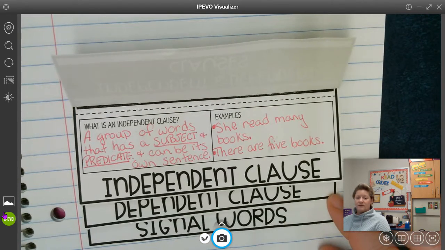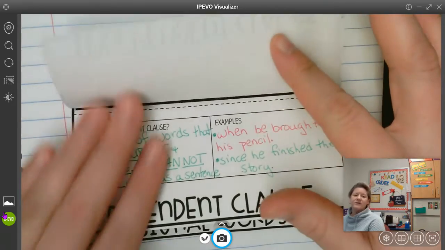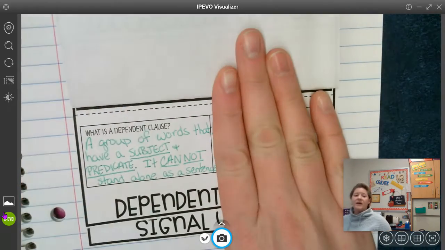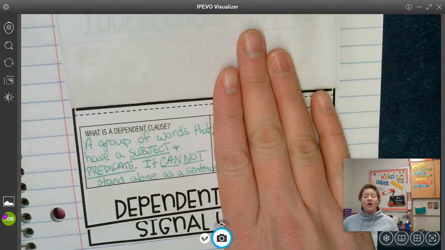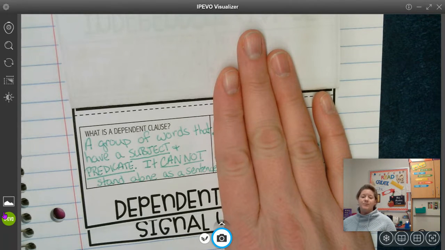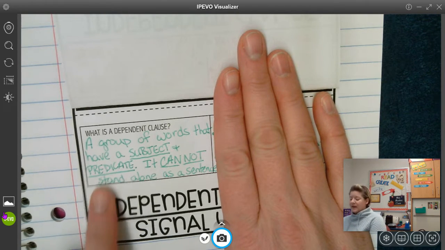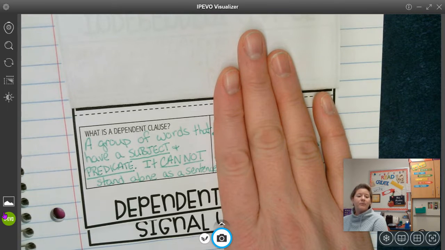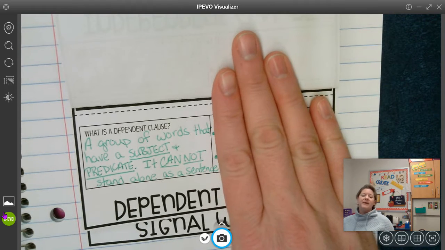Okay. Now we're going to turn over to dependent clauses. Now, a dependent clause is just the opposite of an independent clause. And when you think about dependent, they depend on more information so that they can make sense. So a dependent clause is a group of words that have a subject and have a predicate, but they cannot stand alone to make a sentence.